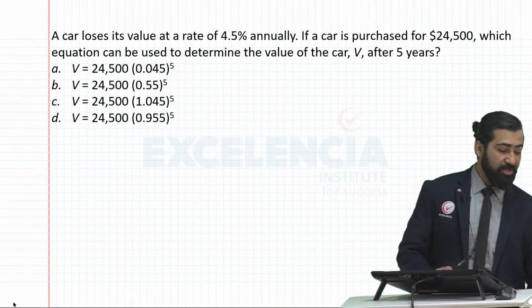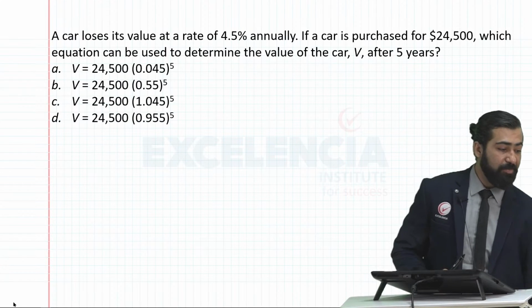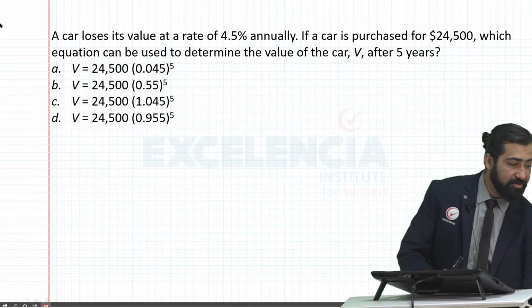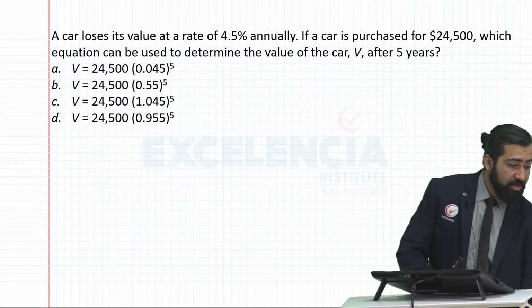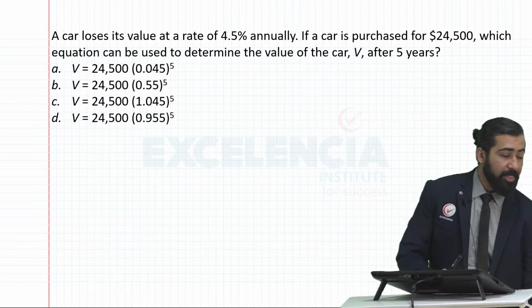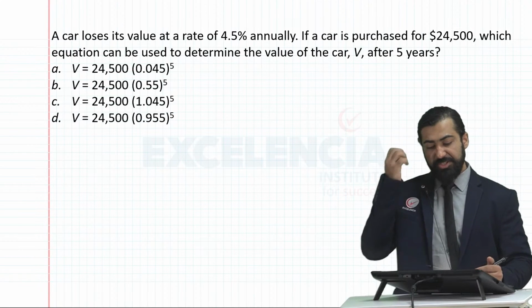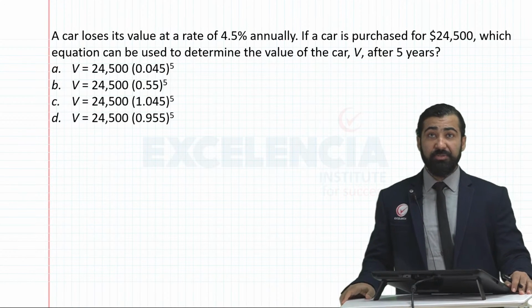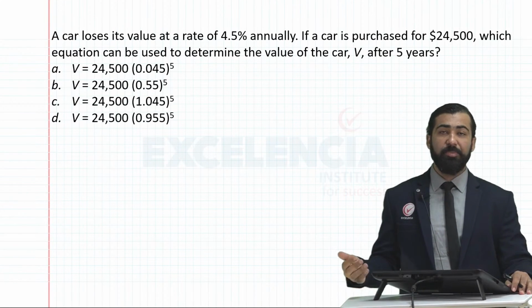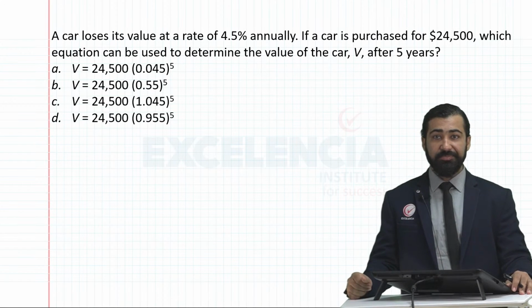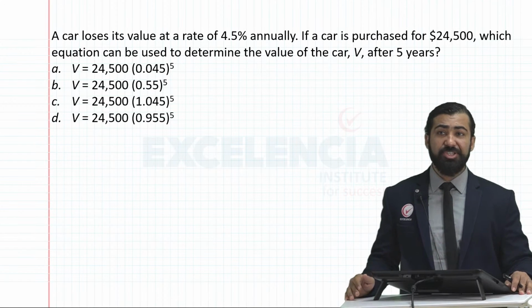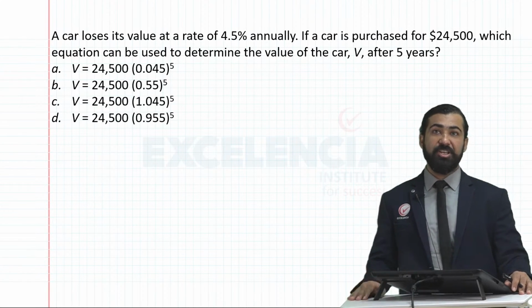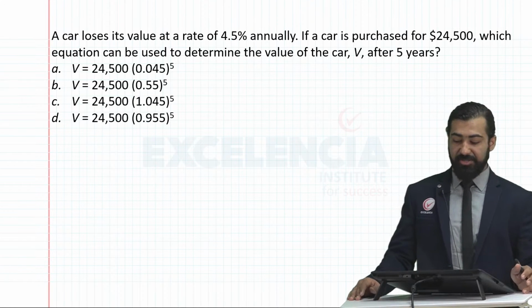Just try this question, and once you get the answer, please write your answer in the chat. So, a car loses its value at the rate of 4.5% annually. Before I'm done with the question, if you're done, please write your answers in the chat box so that we can compare our answers.